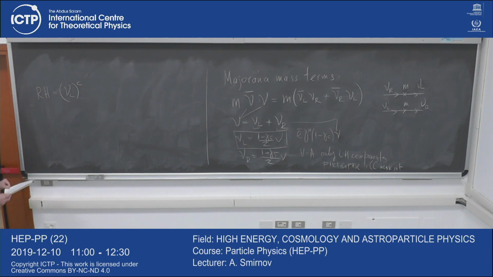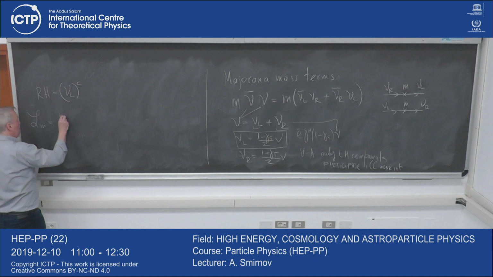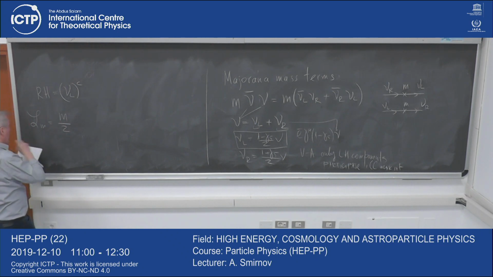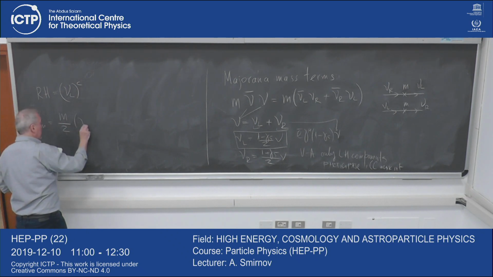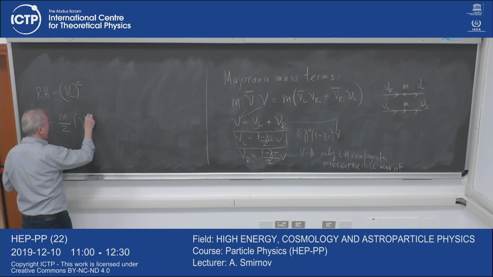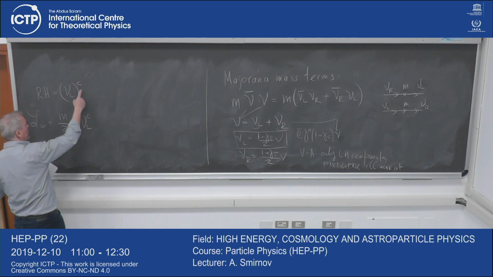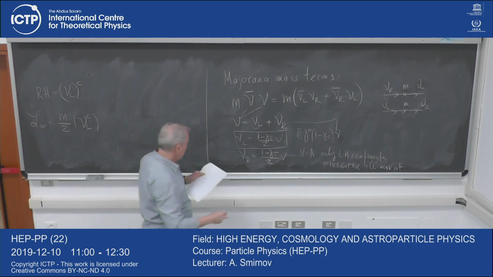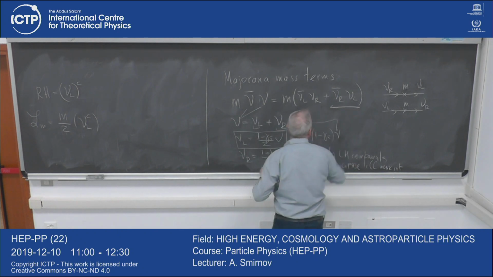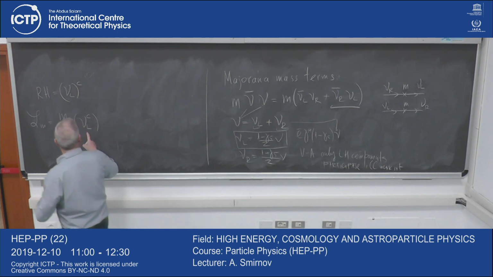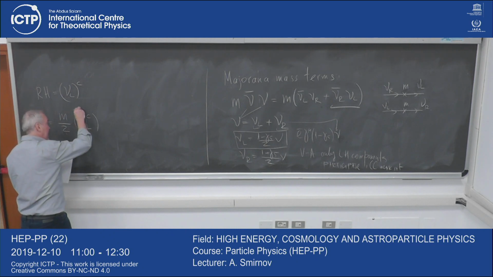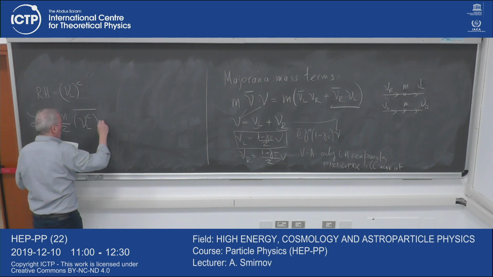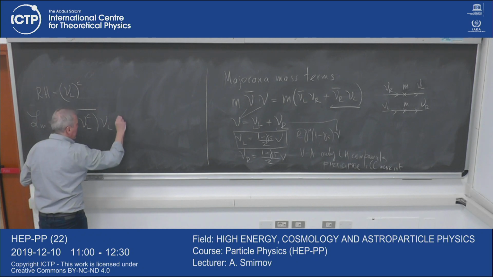So now we can write our mass terms, or Lagrangian mass terms, in the following way. The mass over 2, and then here is nu left C, because instead of nu right, I'm writing nu left conjugate, and then make Dirac conjugation, and this is nu L, plus Hermitian conjugate.